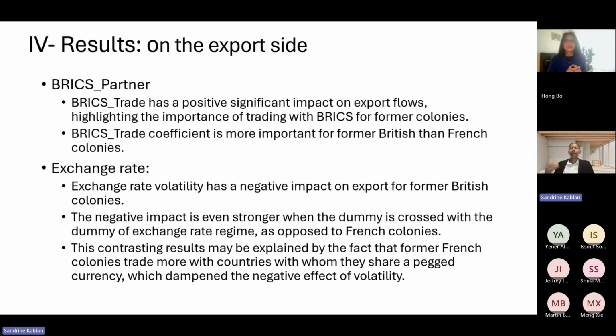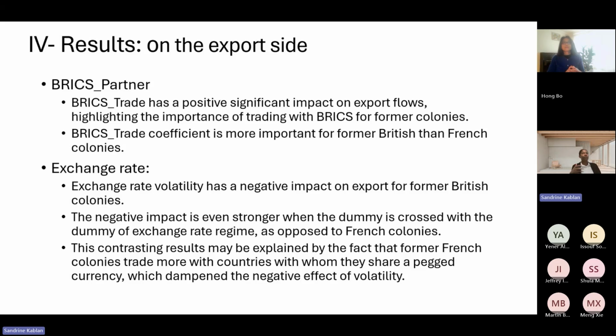but they may be explained by the fact that former French colonies trade more with countries with whom they share a peg currency, which dampens the negative effect of volatility. Again, when we look at the sample of former French colonies, you can see that they trade more with their siblings or their network trade partners.